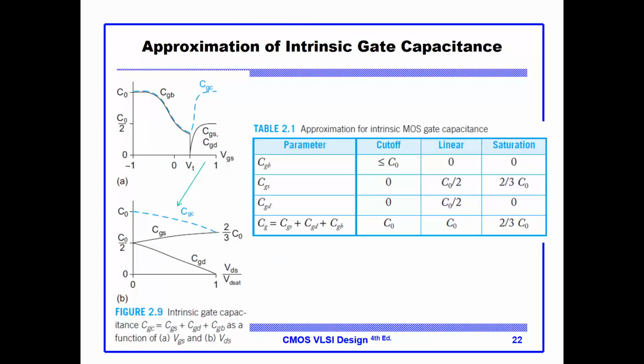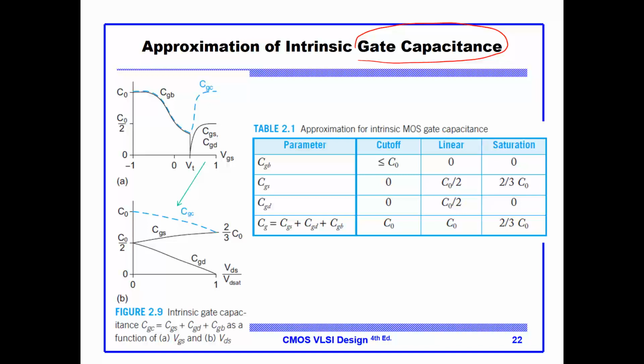Now, the gate capacitance in general varies per operation, when the device is on and when the device is off. Let's use this table here, and let's use these two diagrams.